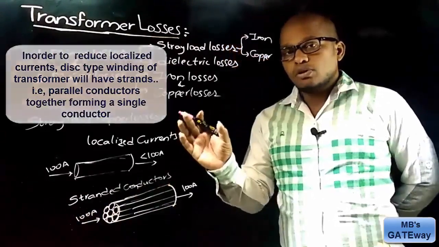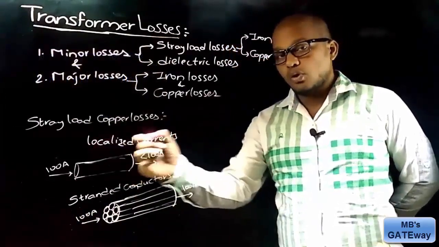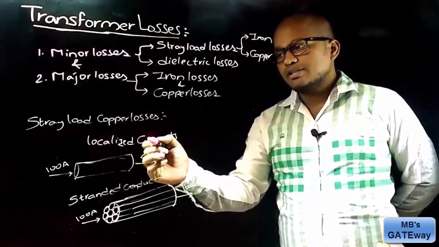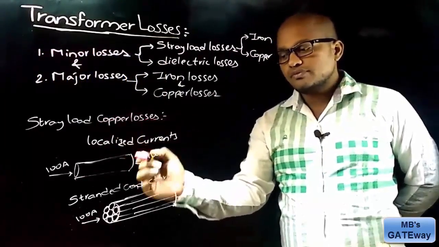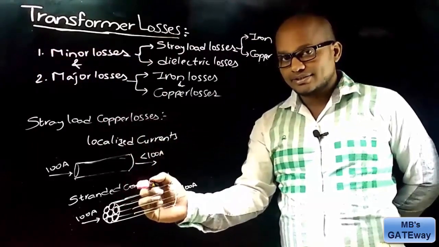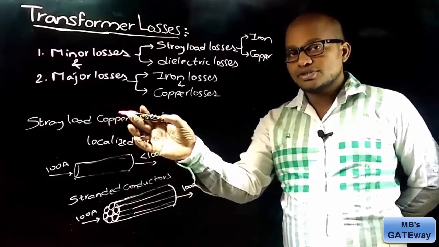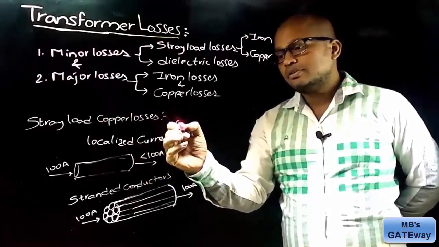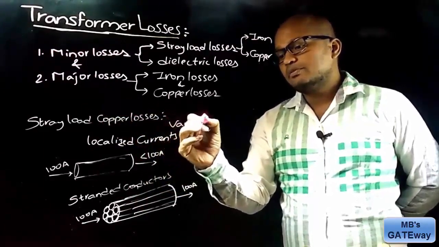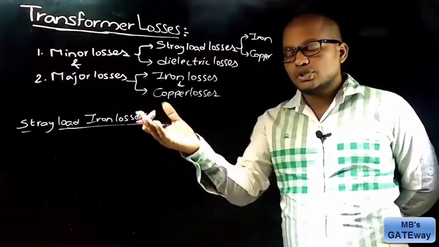Therefore, the power losses occurring because of localized currents are called stray load copper losses, and to minimize these we go for stranded conductors. And as these stray load copper losses depend on the current, they come under variable losses.